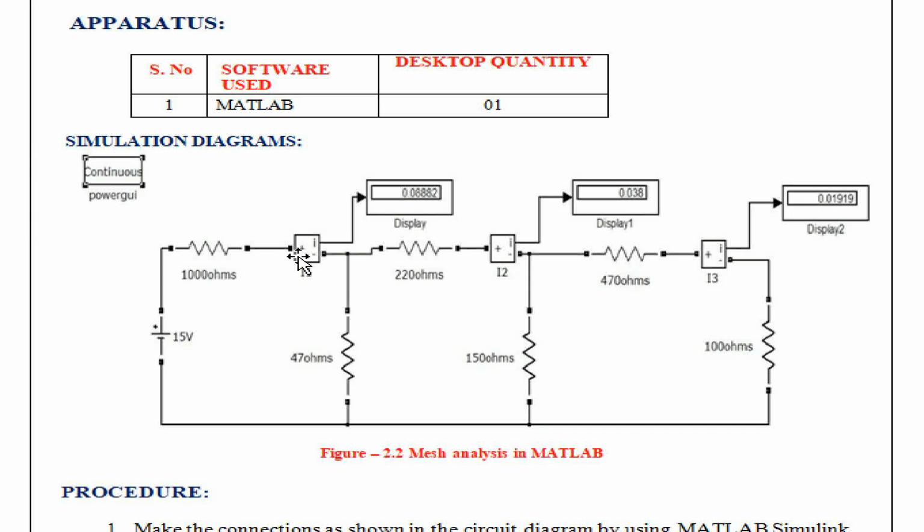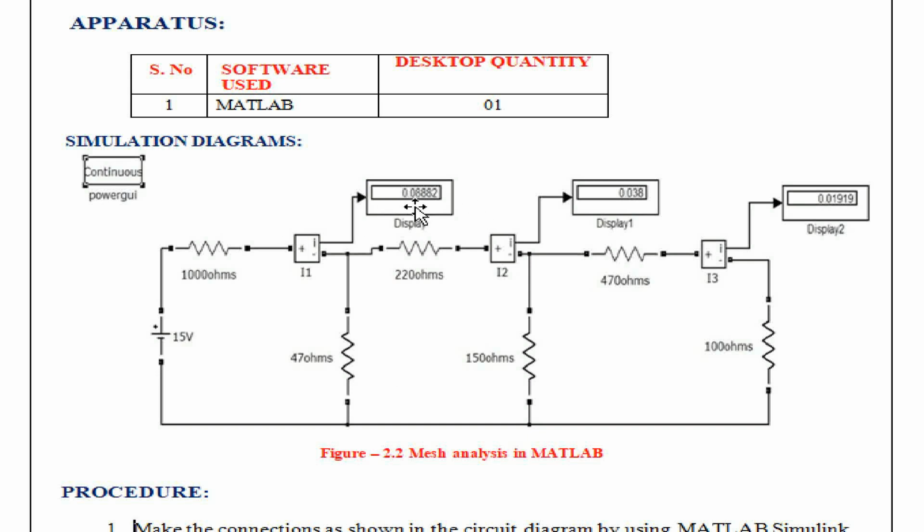I1 is an ammeter used to record the first loop current, I2 records the second loop current, and I3 records the third loop current. And here we have a display which shows the value recorded by the ammeter.